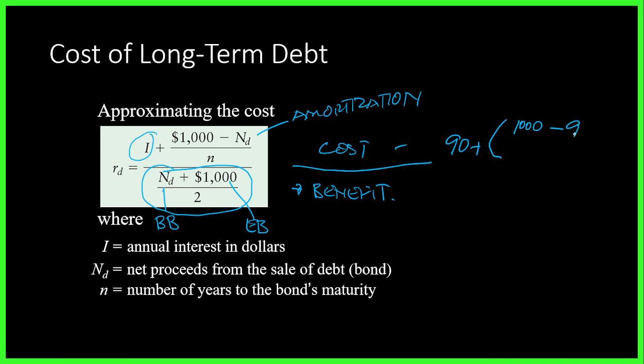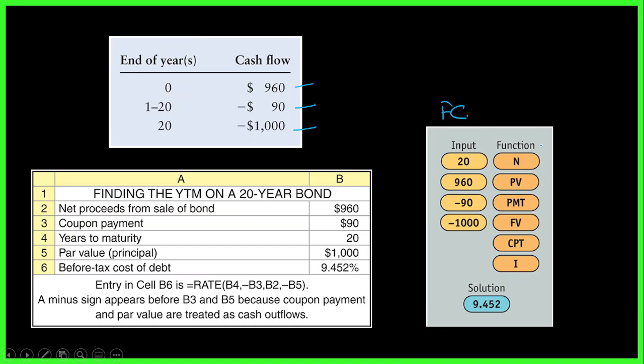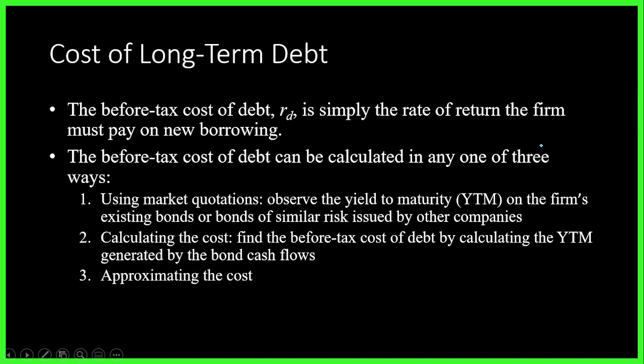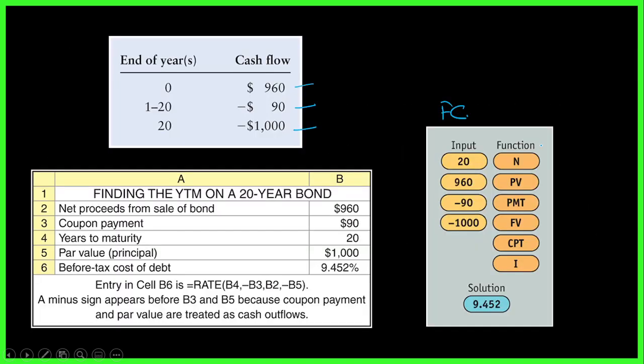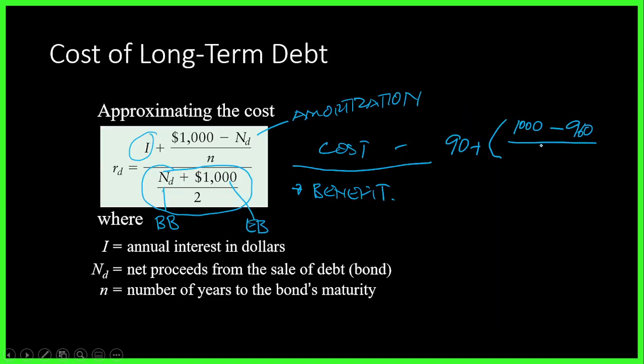1,000 minus 960, di ba? Parang yan na yung pinaka-discount natin, no? Divided by N, and in this case, it's 20 years. So you have 20 years as the life. So we divide this by 20 years. What about this?